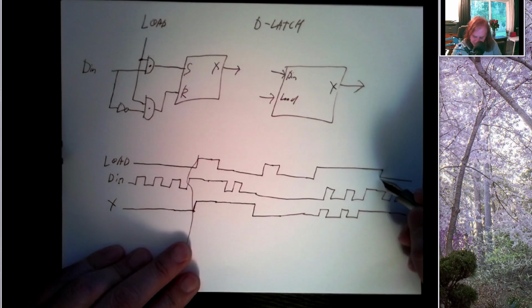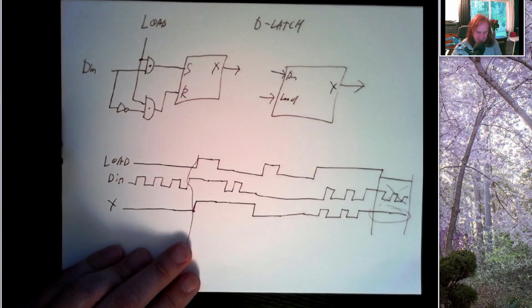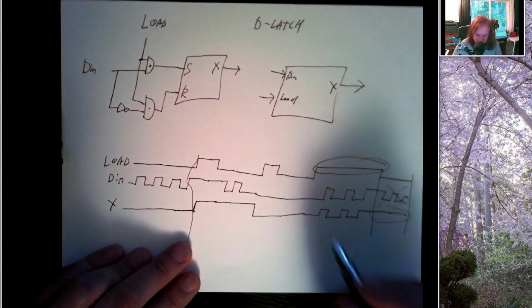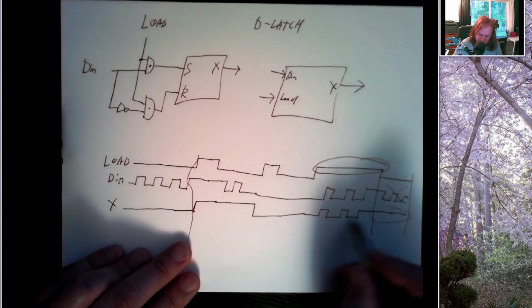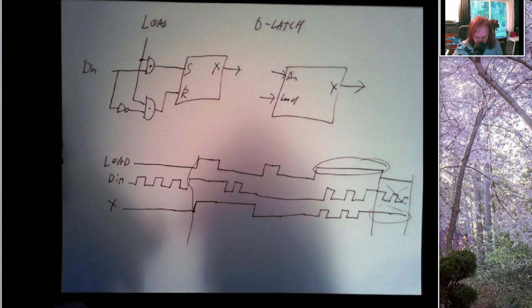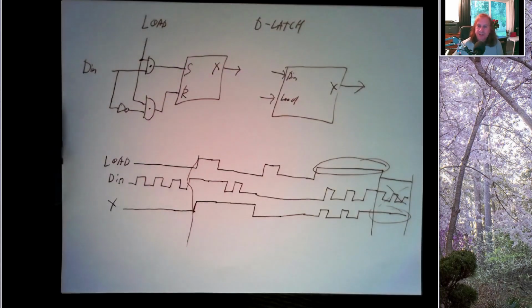When the load line is low, the output is stable. It ignores what's coming in on the data in. But while the load line is high, it is listening to the data in input, and it's copying it to the circuit's output. And this is going to end up being another version of a glitch. And we'll see why in a few minutes.